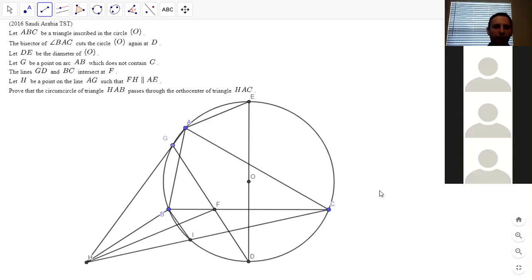So yeah, the reflection of I over AB should lie on AG. I'm sorry, it should lie on HB.